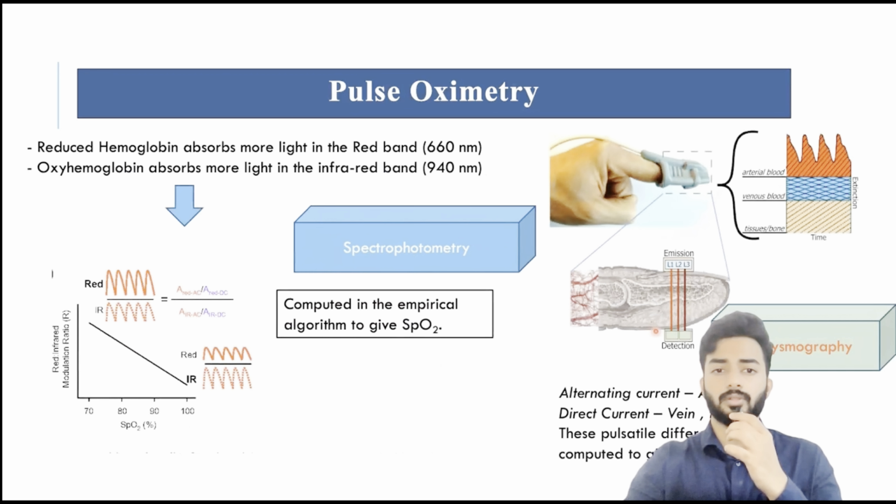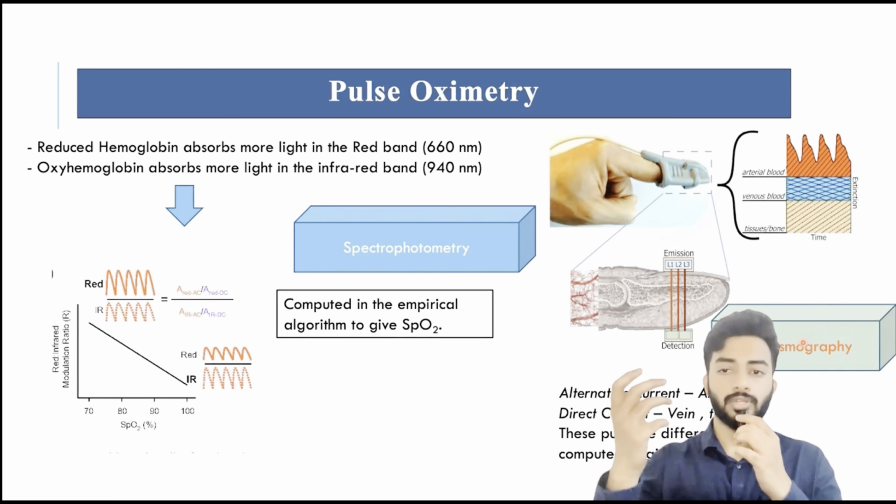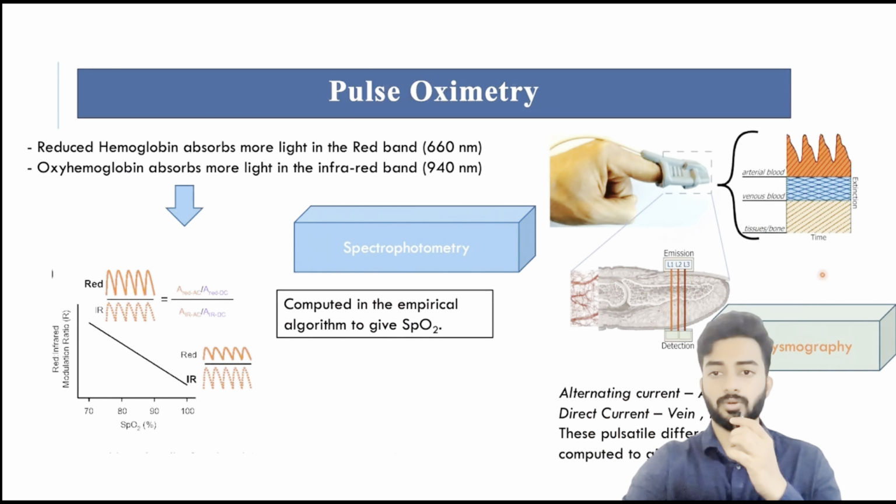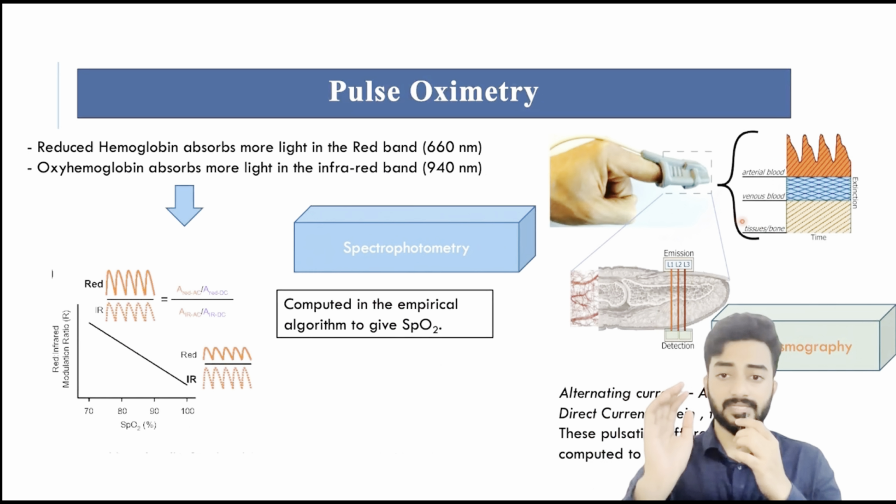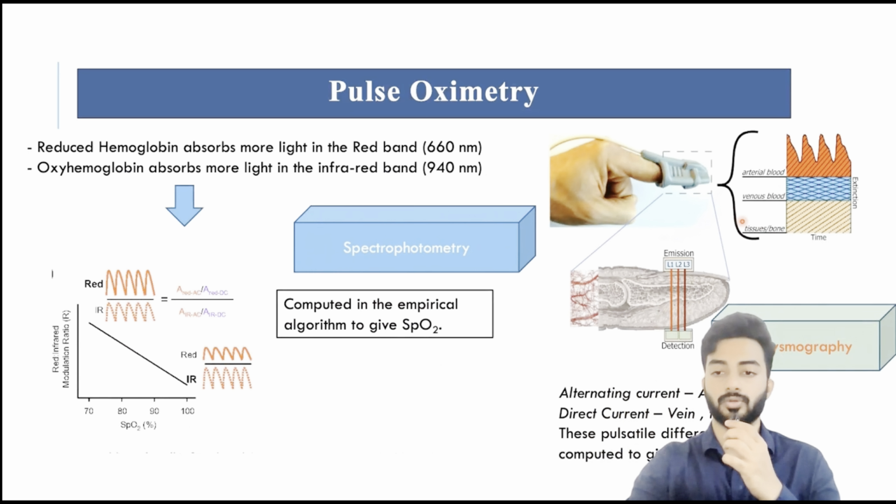So why does plethysmography have to play a role in pulse oximetry? See, if you are just placing a pulse ox over venous blood, it won't give you the value. So the artery has to be pulsatile. The capillary has to be pulsatile. If you are putting on a finger, the pulsatility should be there for you to monitor the SpO₂.